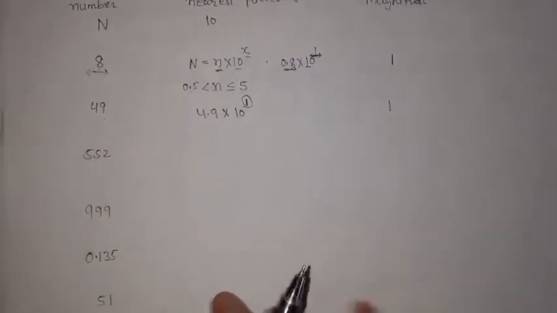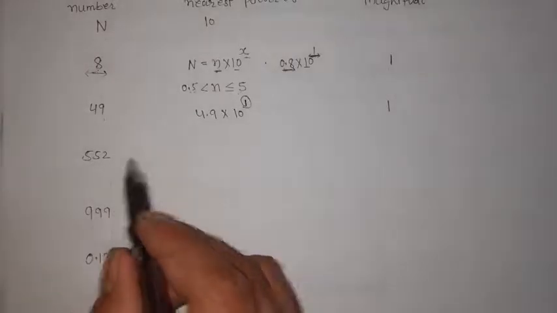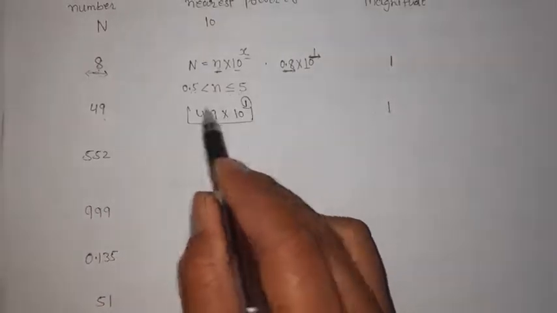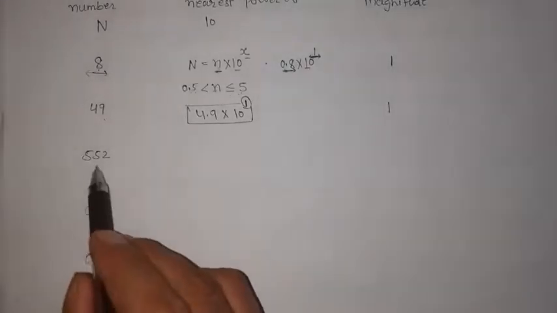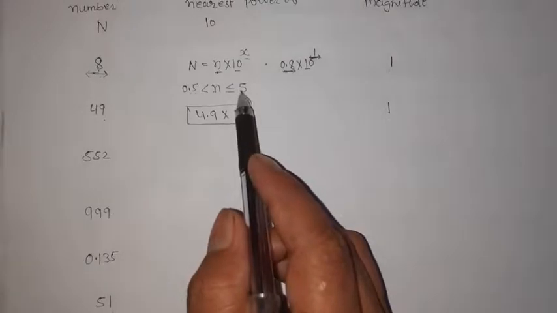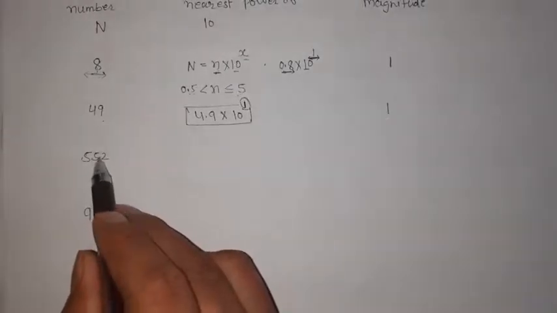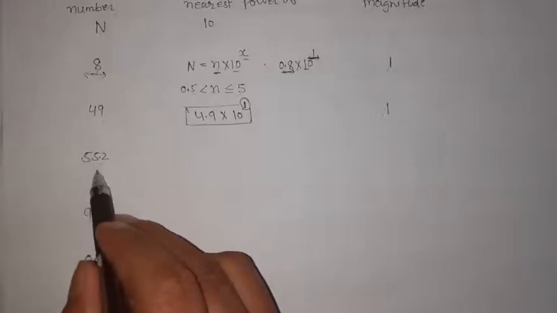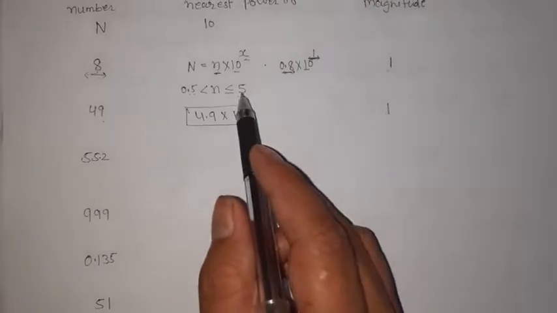Okay, now let us look at this one. It is 552. Now what will be the order of magnitude for this value? So you will find that 552 is very much greater than 5. Now if I take a decimal before 2, it becomes 55.2, but still it is greater than 5.